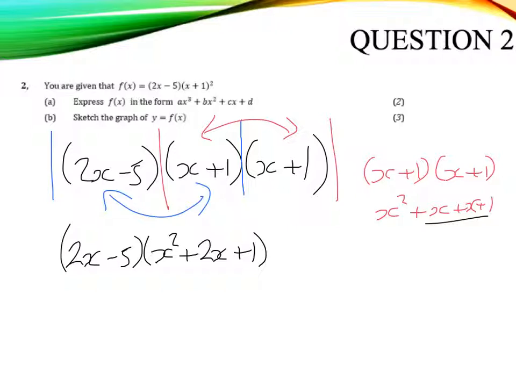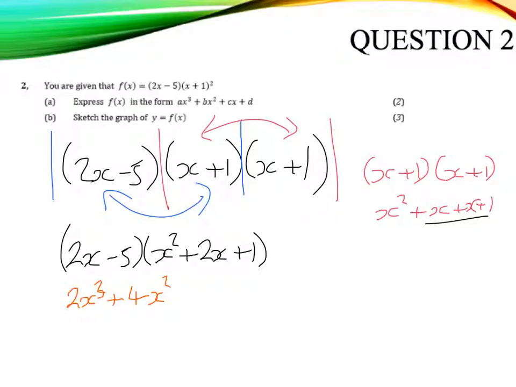Okay, so 2x multiplied by x squared is going to give me 2x squared. 2x multiplied by 2x is going to give me 4x squared. Oops, I've made a mistake already. This is not 2x squared. 2x multiplied by x squared is 2x cubed.